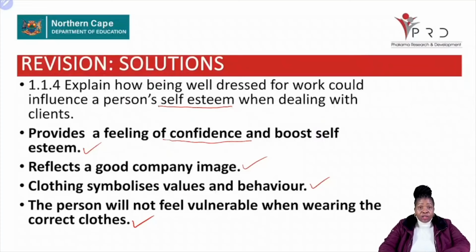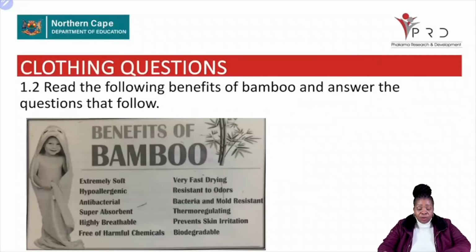We proceed to our next question. It says, read the following benefits of bamboo and answer the questions that follow. Right. I will read the benefits of bamboo to you, learners. So, bamboo is extremely soft. It is hypoallergenic.